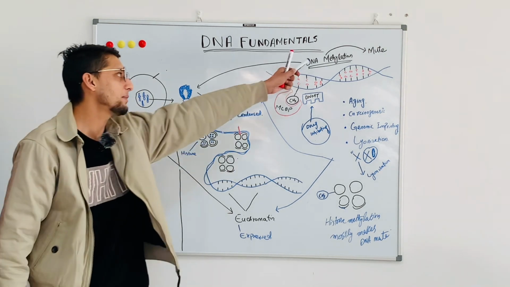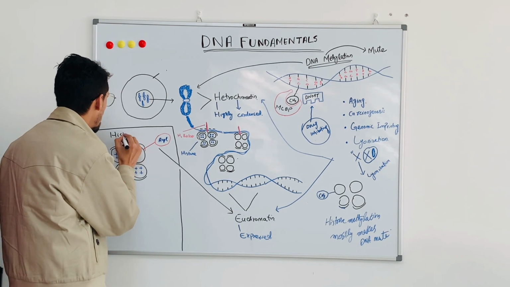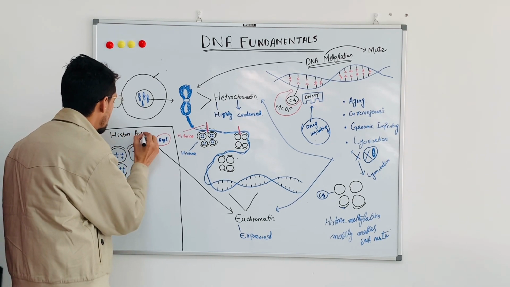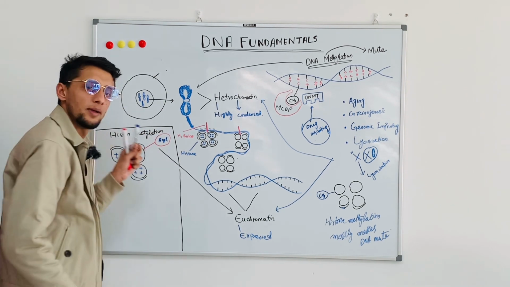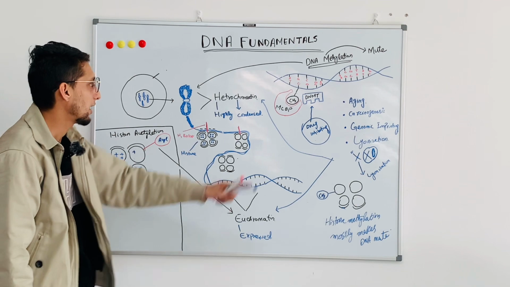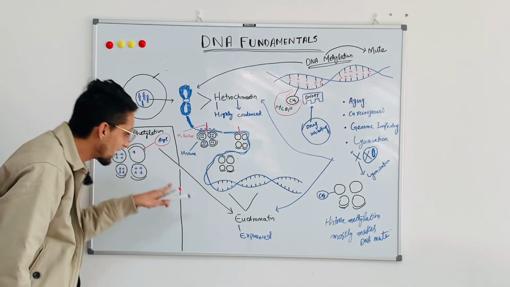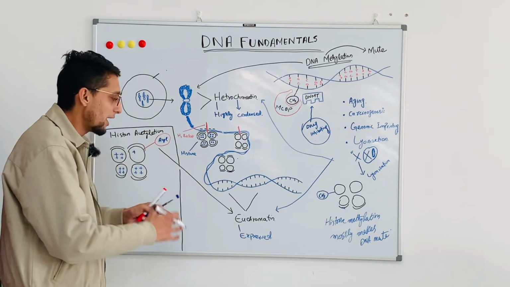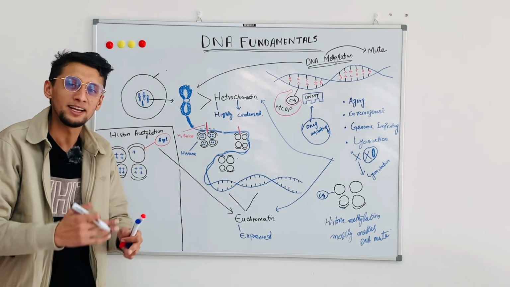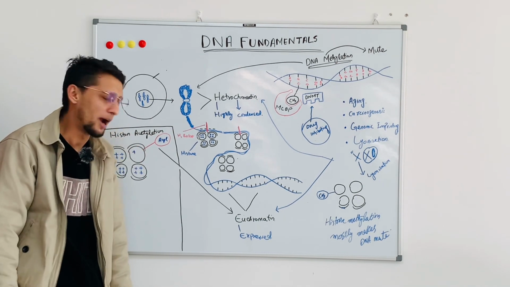You can say DNA methylation and histone acetylation are antagonistic in their function. If DNA methylation is making heterochromatin, histone acetylation is required for euchromatin. So whenever the cell is producing proteins, it's becoming expressive, histone acetylation is required.